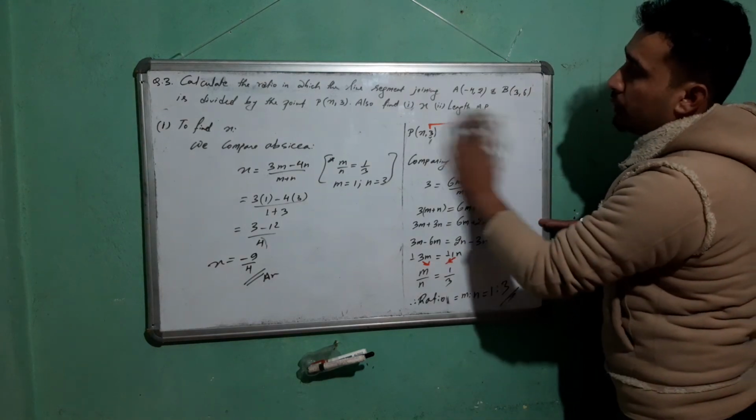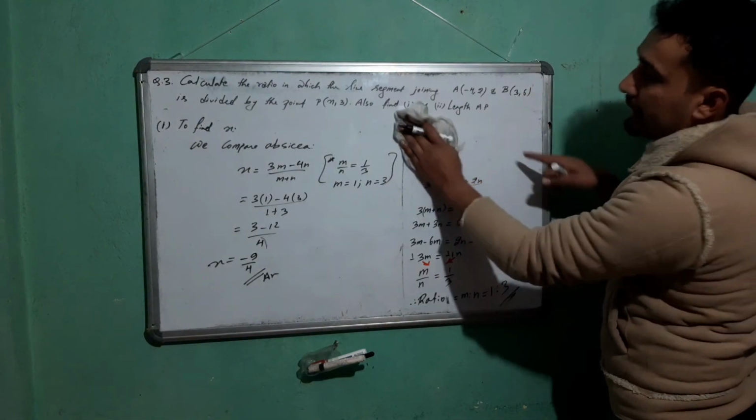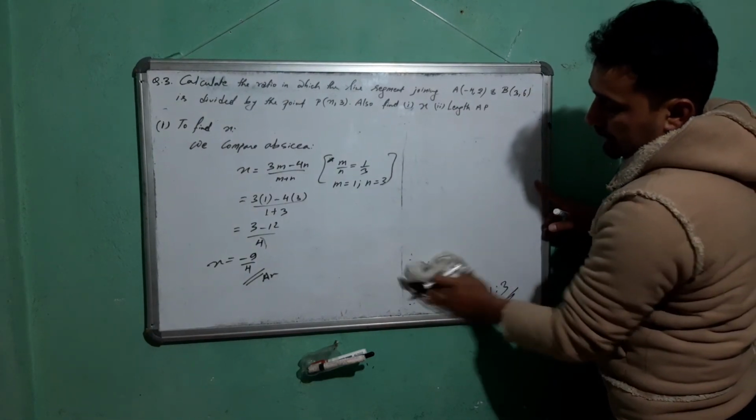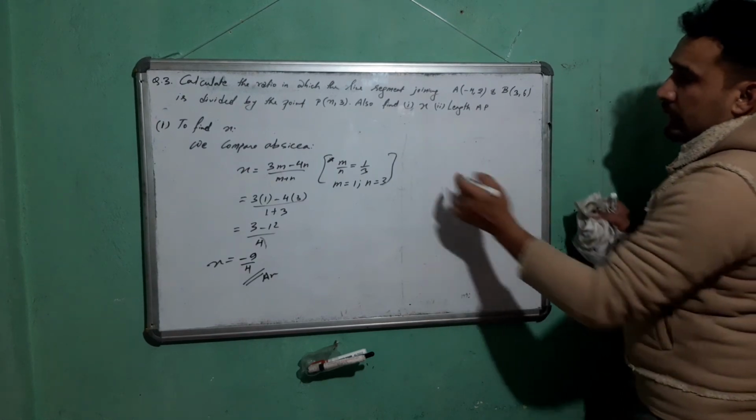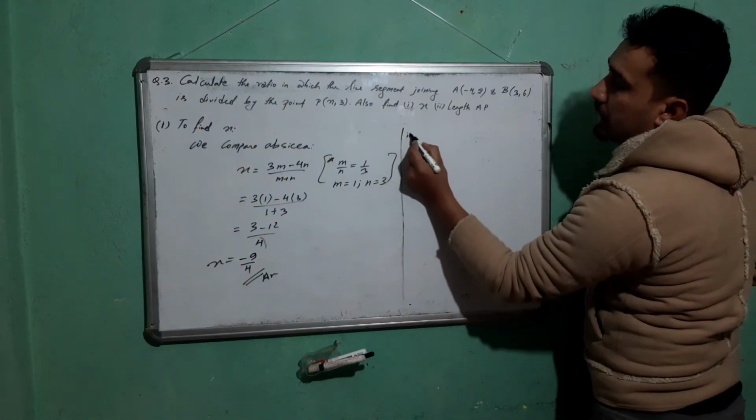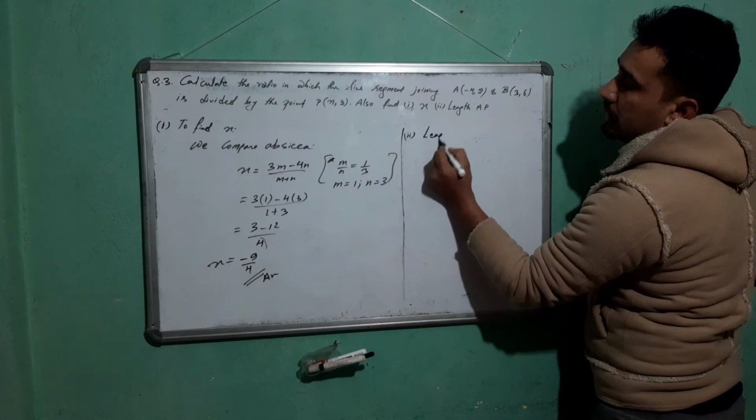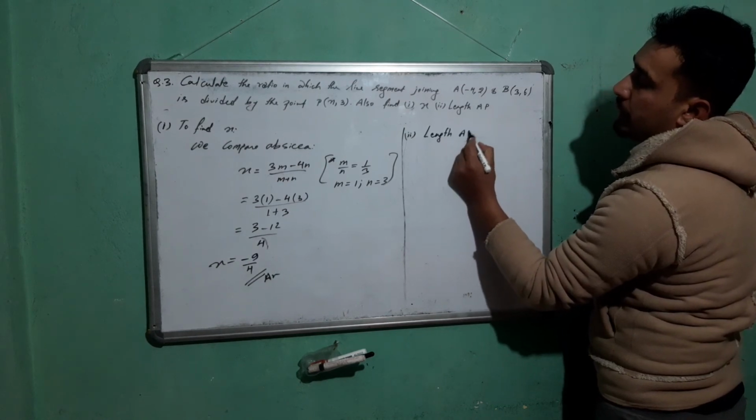Next, number 2, we have got the value of x. Now the length AP is question mark.